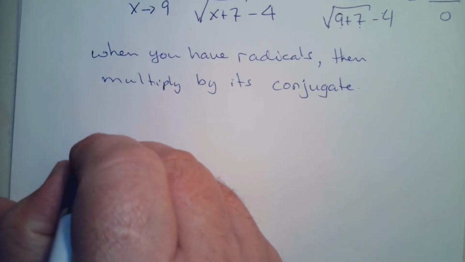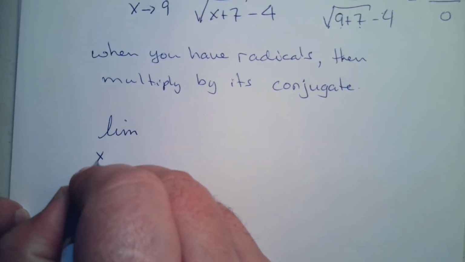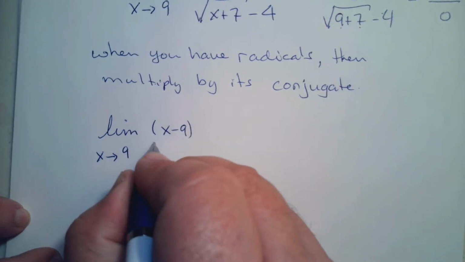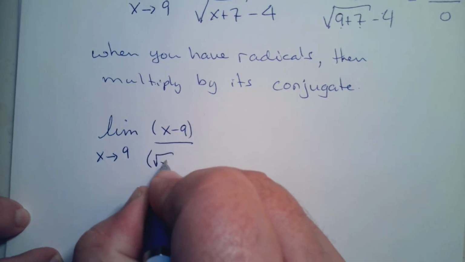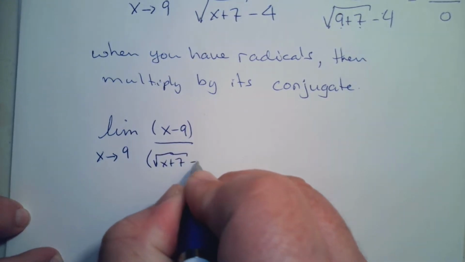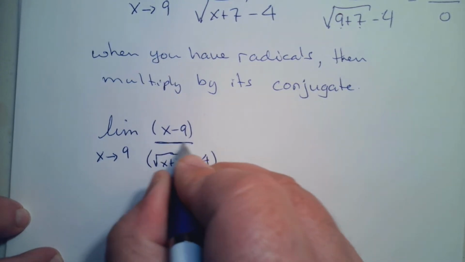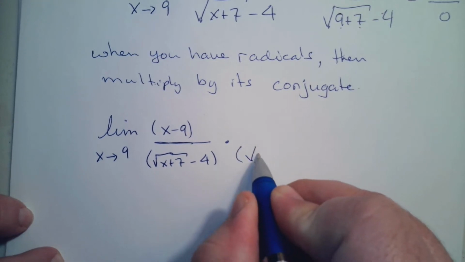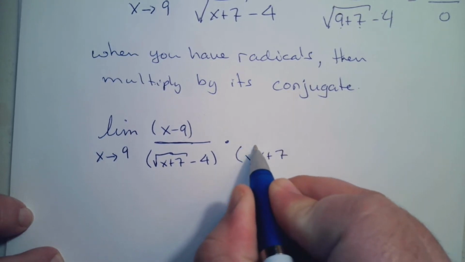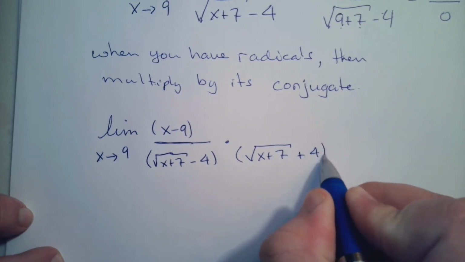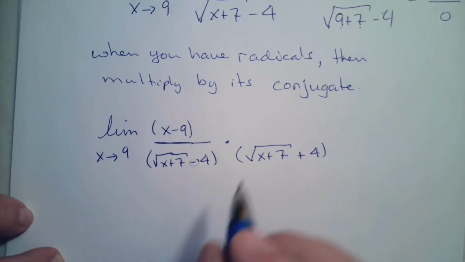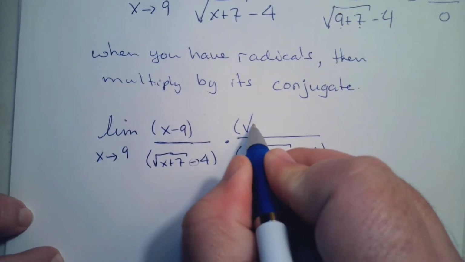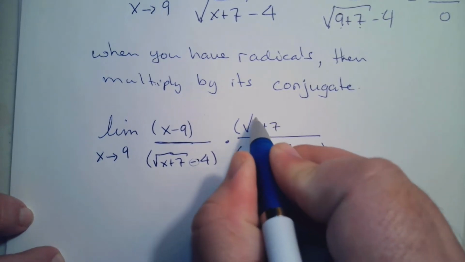In this case, we have the limit as x approaches 9 of x minus 9 over radical x plus 7 minus 4. So we multiply by radical x plus 7 plus 4. Remember, the conjugate is simply changing the sign in the middle. We need to do it top and bottom, because we're not changing the equation, just changing the way it looks.